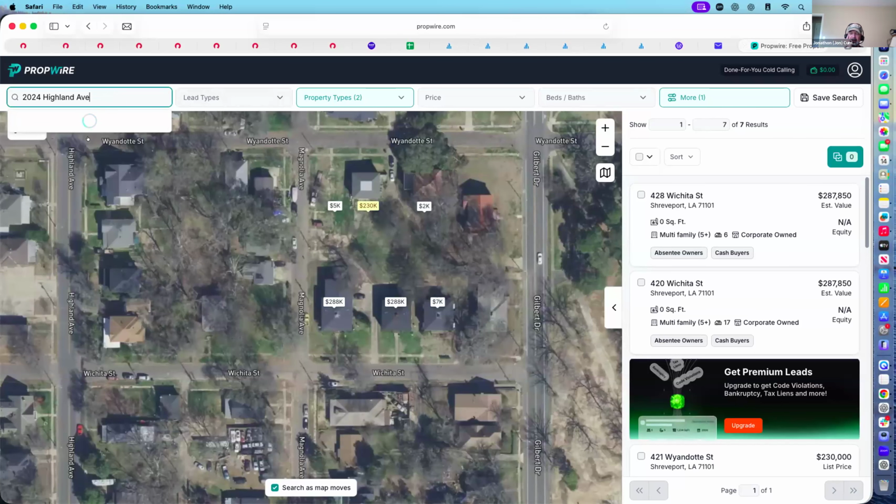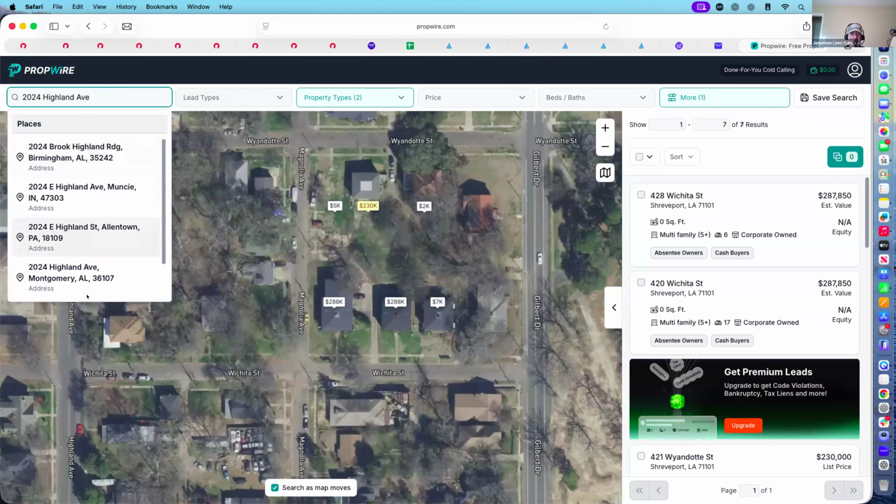Because it's going to be tough to find a 4 unit anywhere near this that is sold. It's got to be by square footage, right?